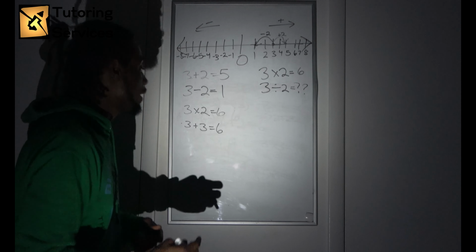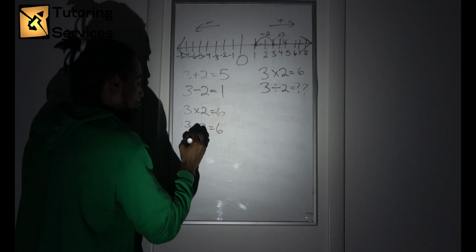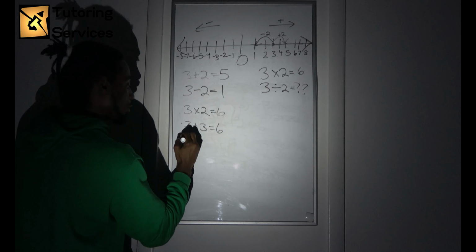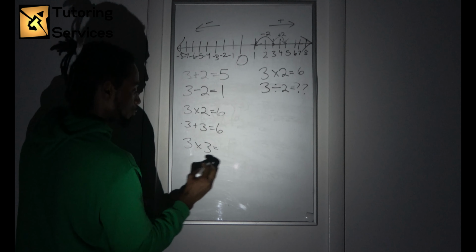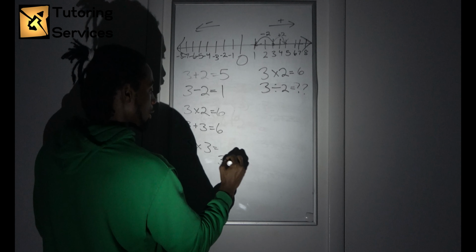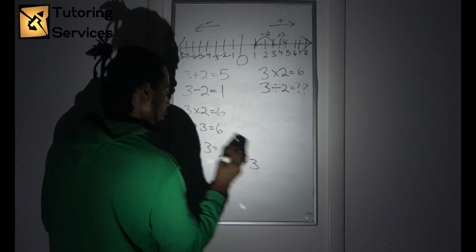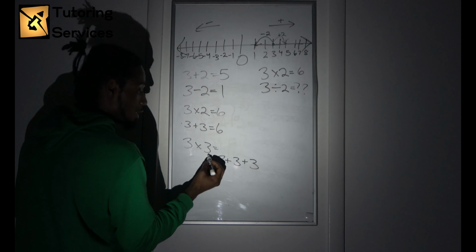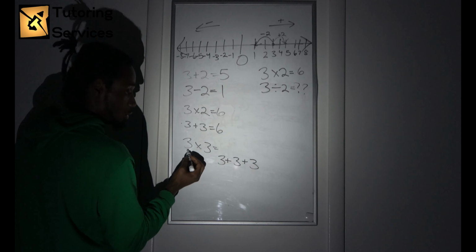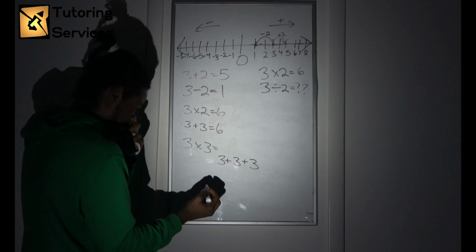Maybe you still don't understand what multiplication is. Well, 3 times 2 equals 6. 3 times 3 is essentially 3 plus 3 plus 3. Remember, this is the multiplicand and this is the multiplier, showing you how many times you're adding the multiplicand to itself.